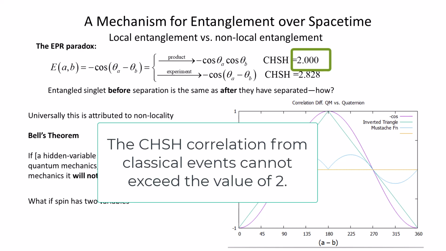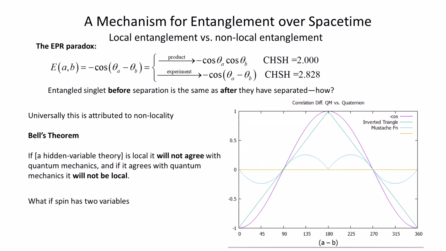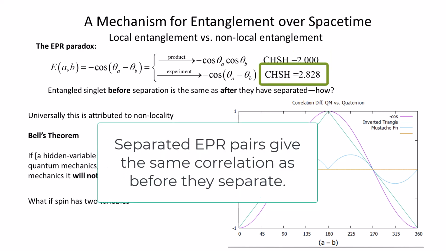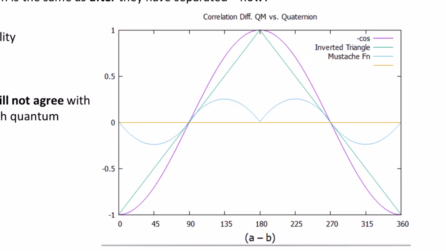Indeed, the product state obeys this rule, but the experimental evidence from coincidence experiments violates the CHSH inequality because the correlation from the entangled state is 2 root 2, or 2.828, as shown here, and that is what is observed.